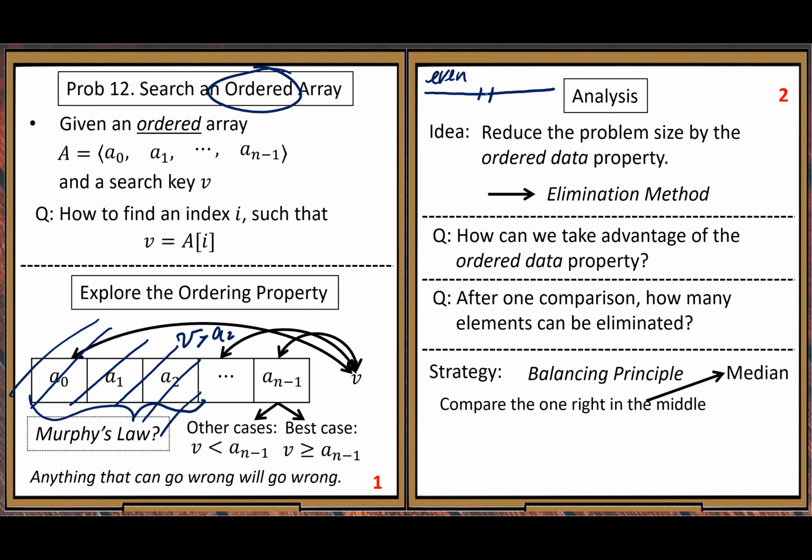So what do we mean? In this case, the median we mean is the left median, the one on the left. Left median is the default median.